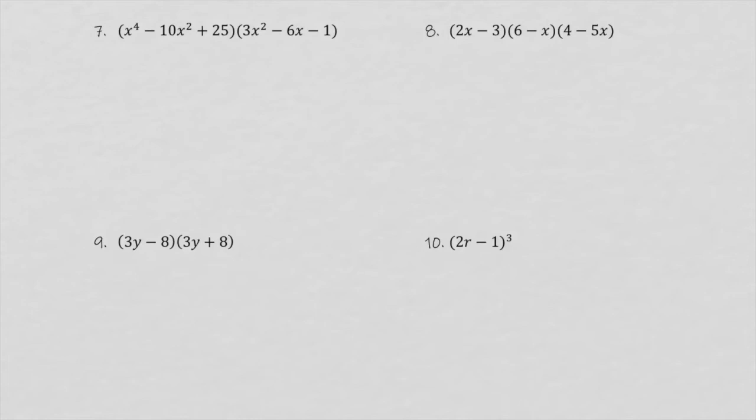All right, so for number 7, I now have a trinomial times a trinomial. So again, if I did distribution without the boxes, it gets really messy. I have each thing times 3 terms. It ends up with a lot. So I do the box, and now I have 3 terms times 3 terms. So I'm going to do 3 rows and 3 columns.